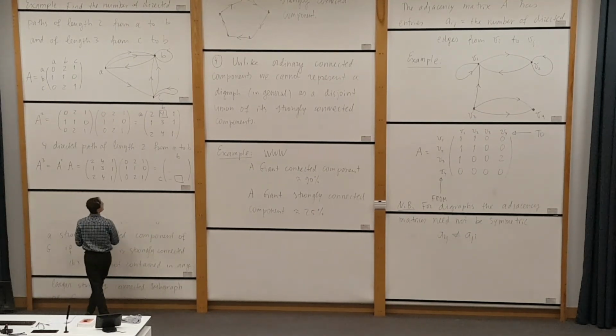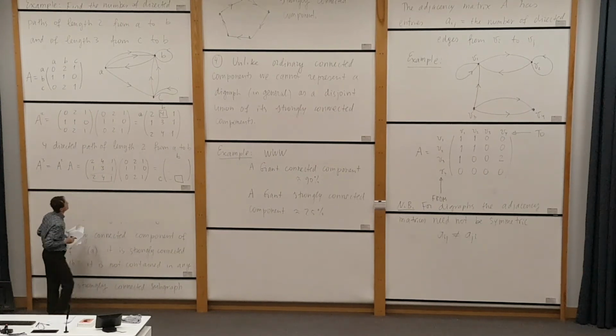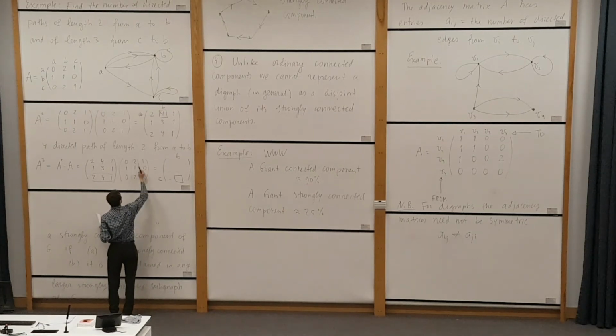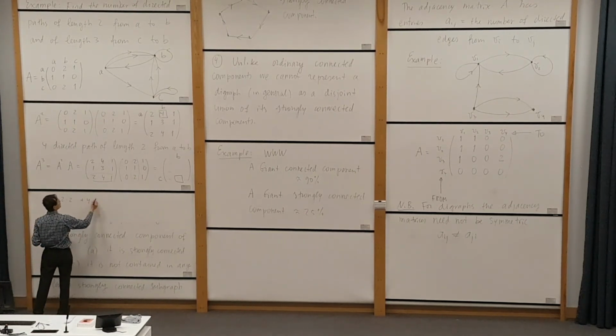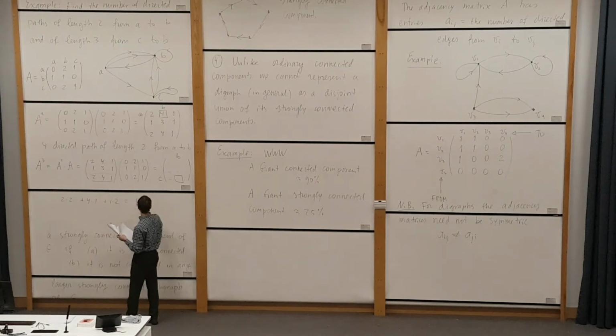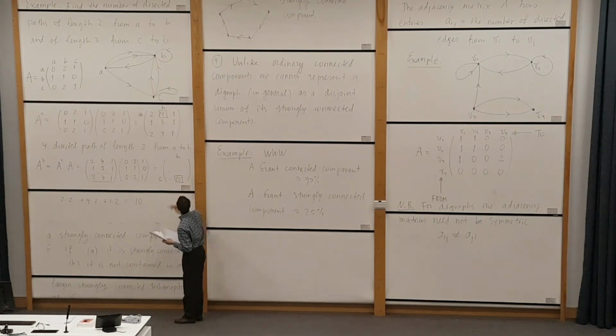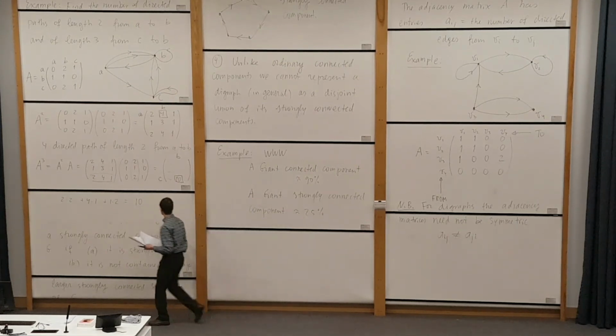It's in the 3rd row, so I single out the 3rd row in the first matrix and the 2nd column in the 2nd matrix. So I get 2 times 2 plus 4 times 1 plus 1 times 2, and that gives me 10. So 10 is the answer to the second question.